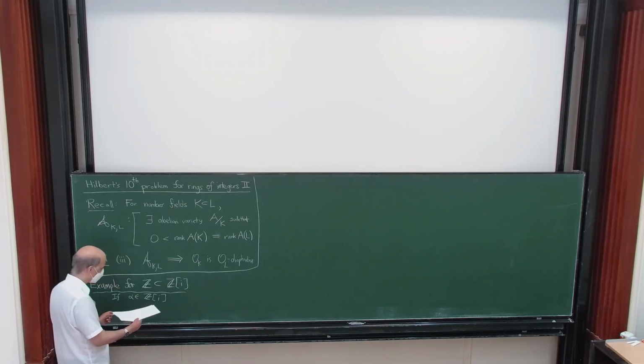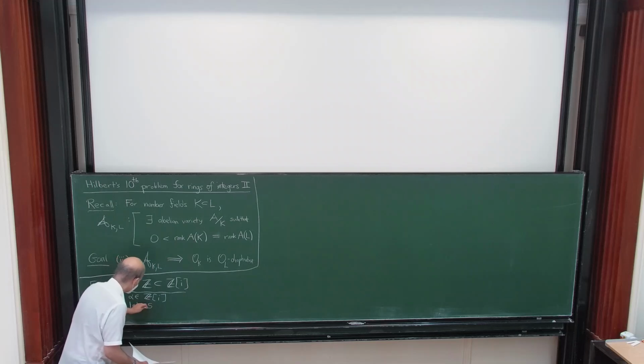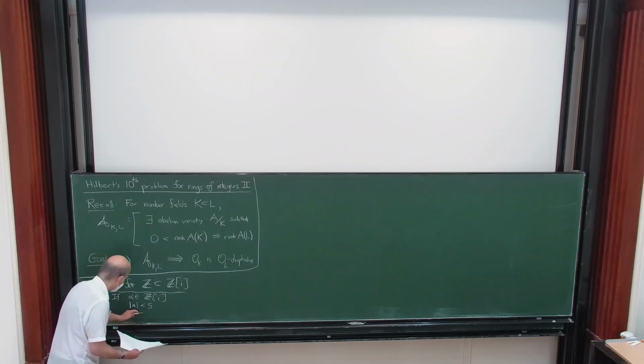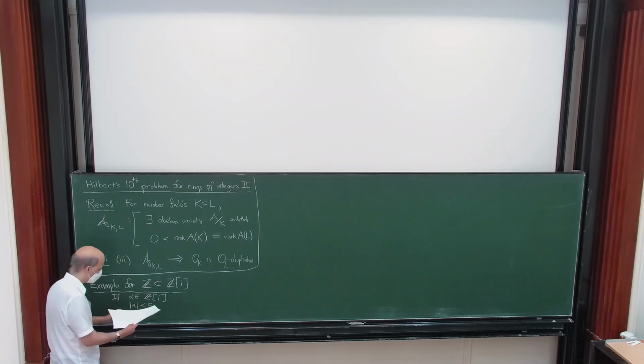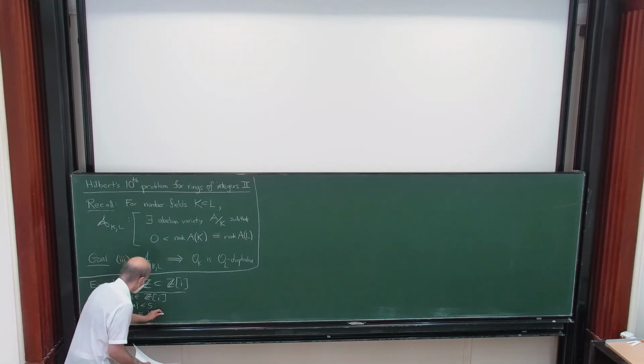Here's one way you could do it. Suppose that alpha is not too big: the complex absolute value of alpha is less than 5, and also it's congruent, even though you don't know yet that it's an integer, to an integer modulo a fairly large ideal.